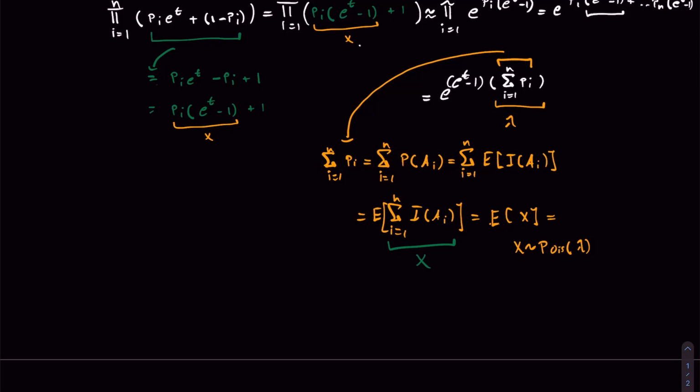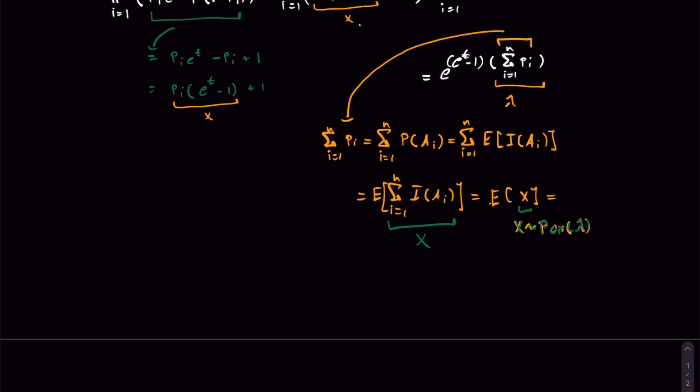And we also know that the expectation of a Poisson random variable is indeed lambda.